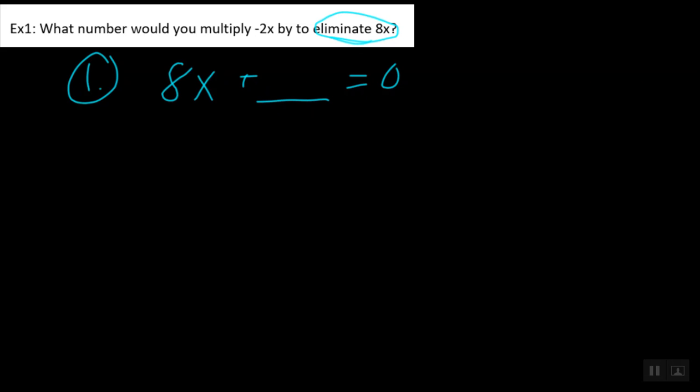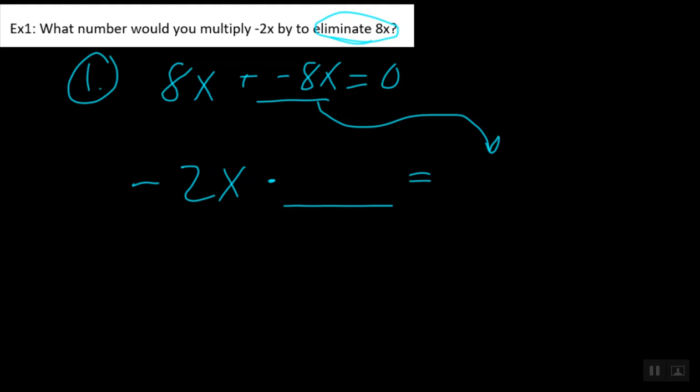Now you all know that. You know that the opposite of positive 8x is negative 8x. So what are we really saying here? We're saying we want to transform negative 2x by multiplying by some number, and in order to change that into negative 8x. Okay, and whatever we get for this number right here, this will be our answer.